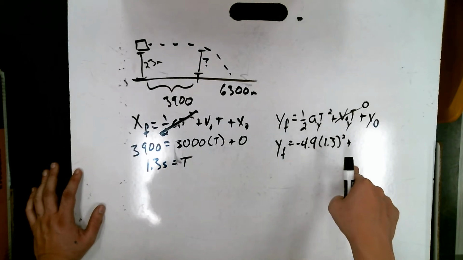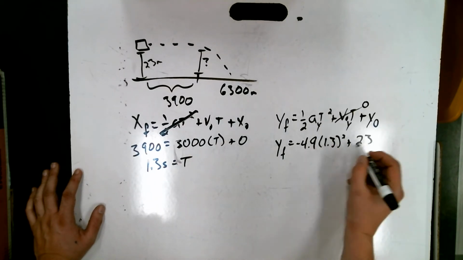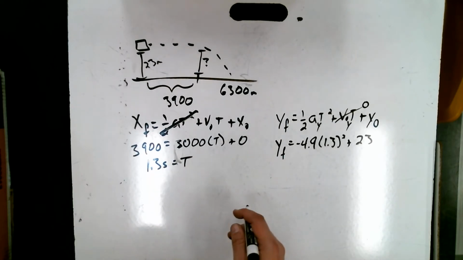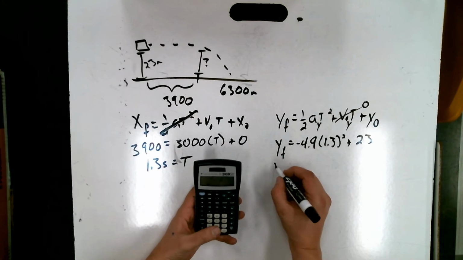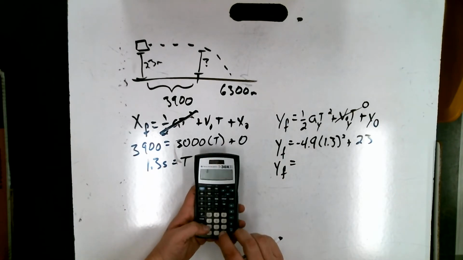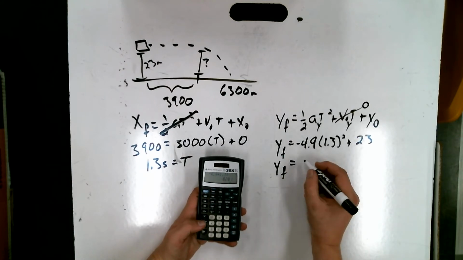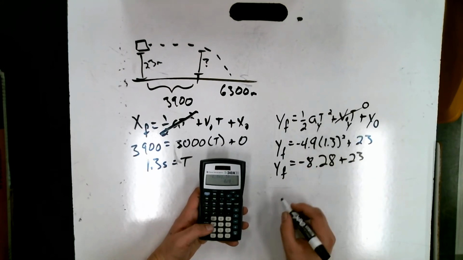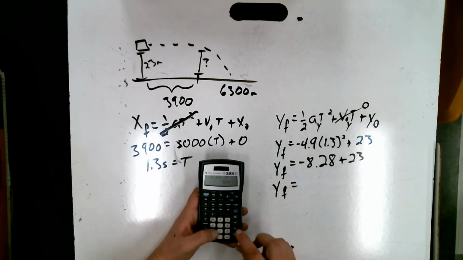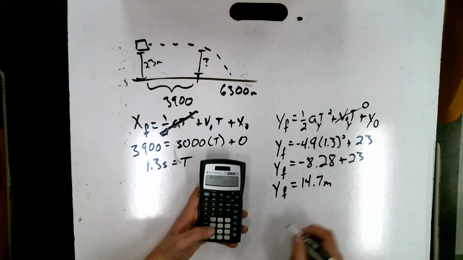You can check the givens earlier in the video. And my original height was 23. So I'm going to get y f is equal to negative 8.28 plus 23. y f is equal to 14.7 meters.